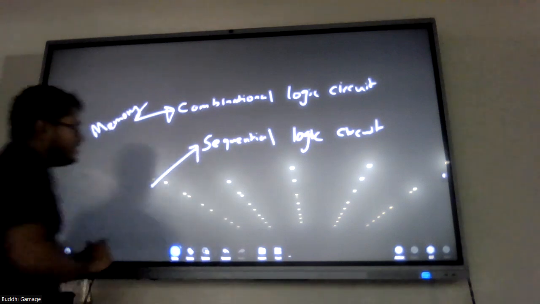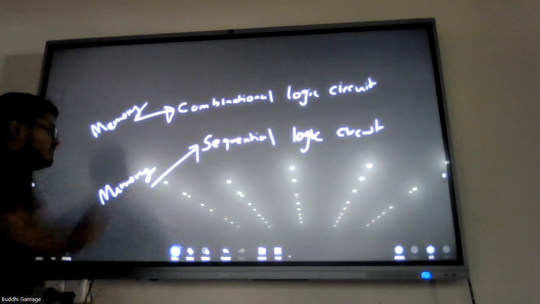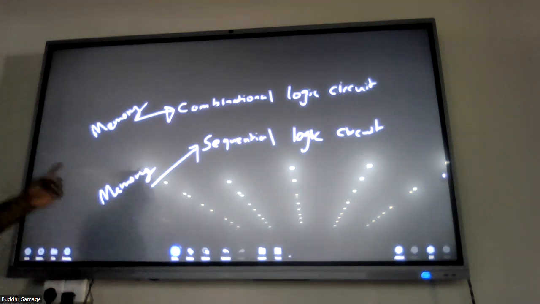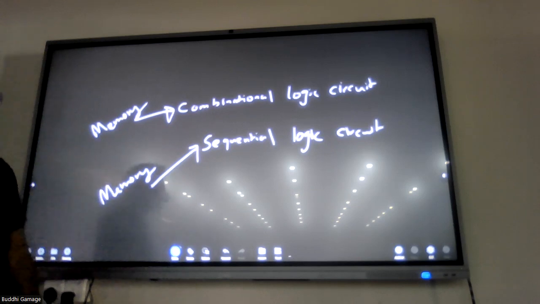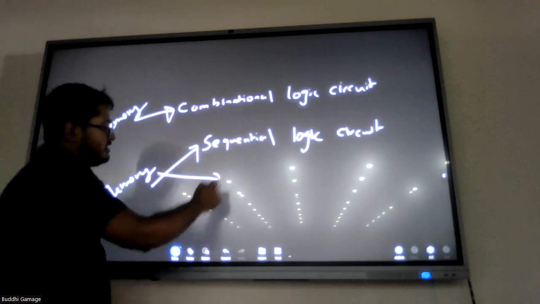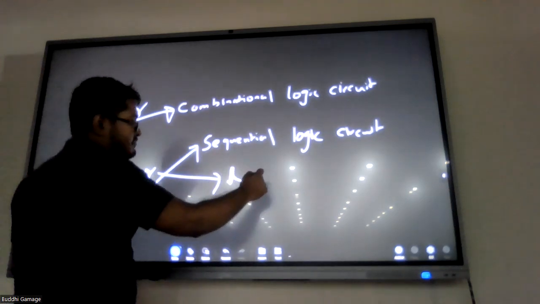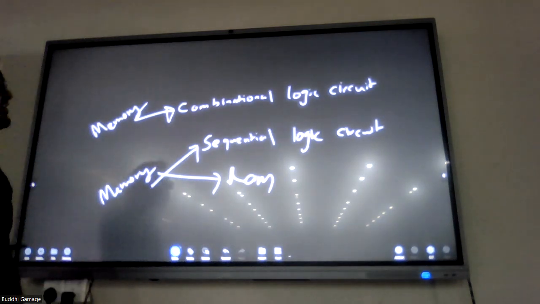In sequential logic circuits, we are going to work with memory, where we are going to build our registers, and from that you can improve this to build the RAM and other memory circuits as well.